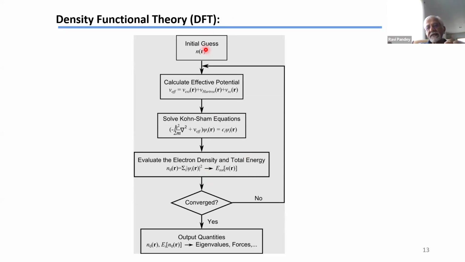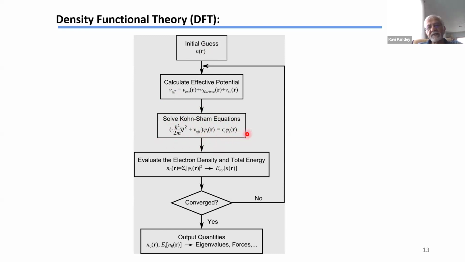The density of carbon atoms is available, as calculated with highly accurate quantum chemical calculations. Once we have it, we calculate the effective potential, and then we solve the Kohn-Sham equation. This is your Hamiltonian. If you remember, H psi equals E psi, where H contains the kinetic energy term and the effective potential acting on the wave function, giving the eigenvalue and the wave function.